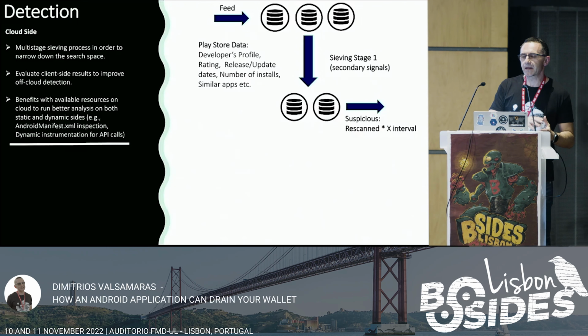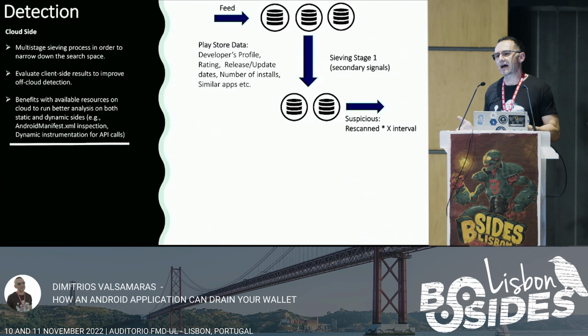And the first step of this pipeline is to filter the apps for secondary signals, secondary characteristics, the ones that I talked to you about before. For example, if the app has similarities with other toll fraud apps, the developer's profile, number of installs.